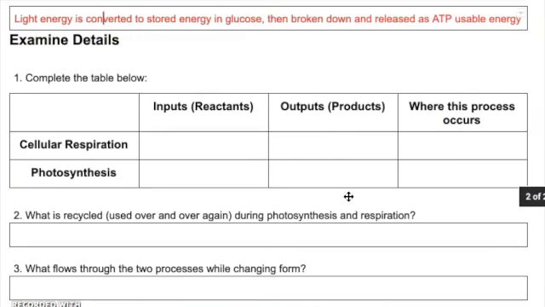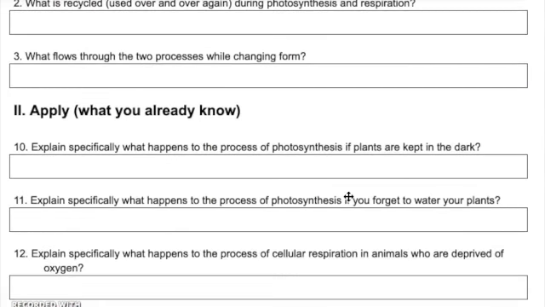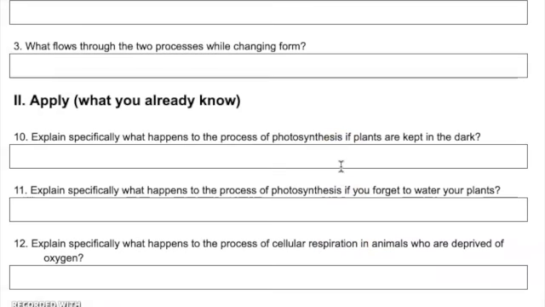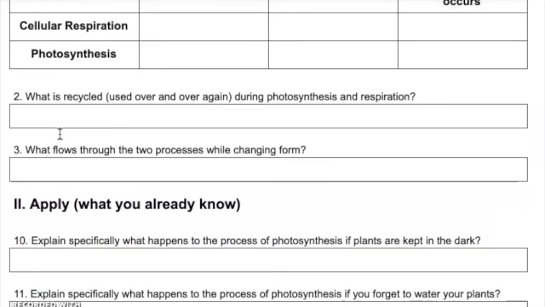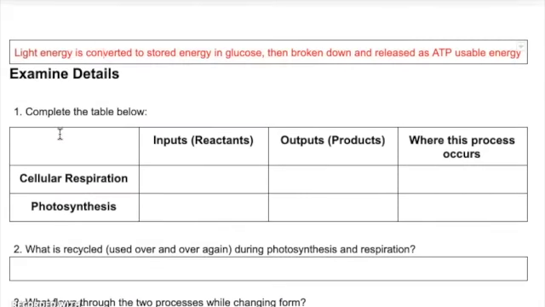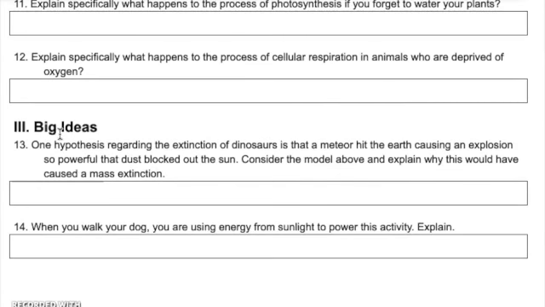So there are a few more questions that need to be answered. There is one more that I want to make sure I cover, because I know I didn't cover this part of the exit ticket for, I think, two of my classes. So I'm going to quickly go over number 10. And beyond that, I think you guys can complete the rest of this.